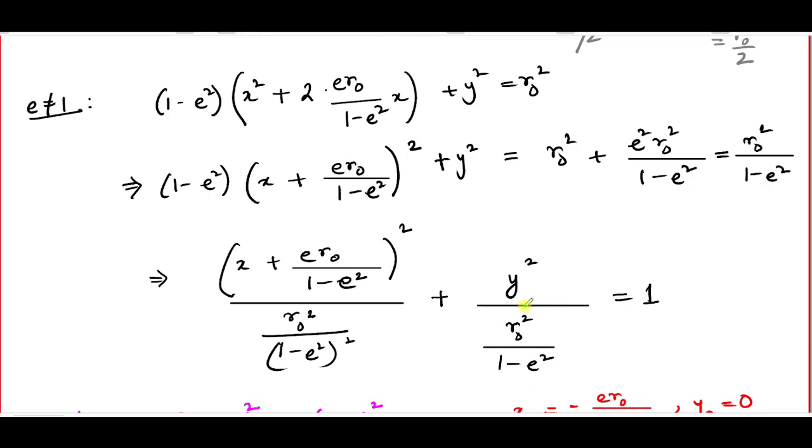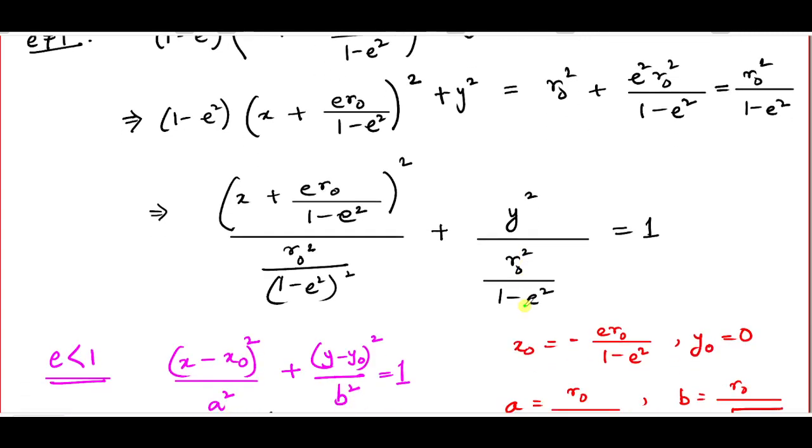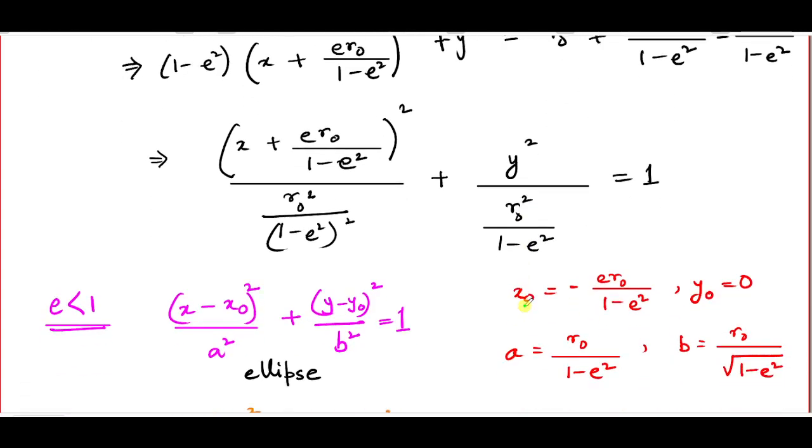So now specifically if e is less than 1, this equation takes the form x minus x0 whole square by a square plus y minus y0 whole square by b square equals 1, where x0 is simply negative of this quantity e r0 by 1 minus e square and y0 is just 0.